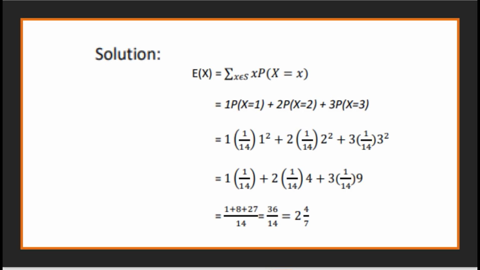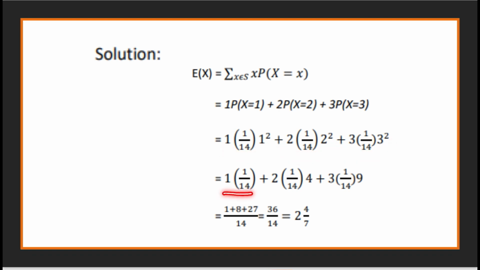So if we substitute the value of x and the probability, that is now 1 times 1 over 14 times 1 squared, because there is x squared, plus 2 times 1 over 14 times 2 squared, plus 3 times 1 over 14 times 3 squared.